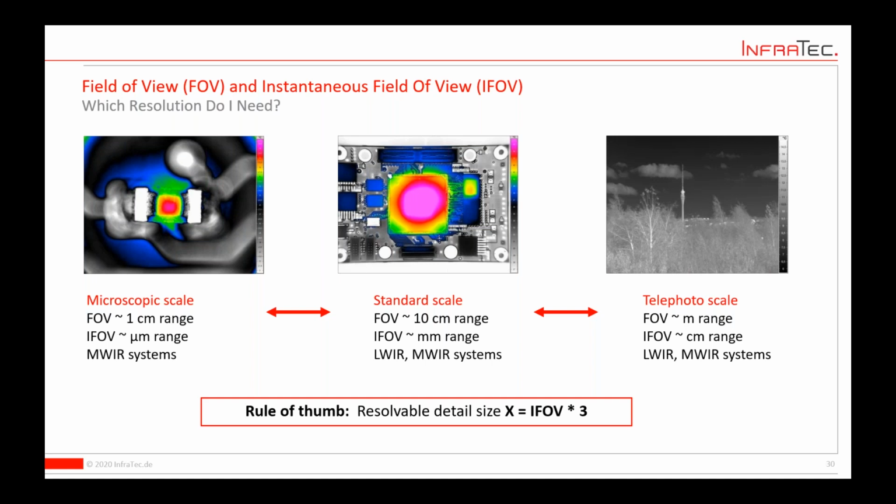So it's simply that you cover one detail, for instance, a resistor on a PCB board. You should at least cover this with 3 pixels, so that 1 pixel is simply lying 100% on the object, giving you a good reading. It would be even better to have 5 pixels on a detail to resolve it a little bit better. Sometimes 3 pixels is a little bit less.